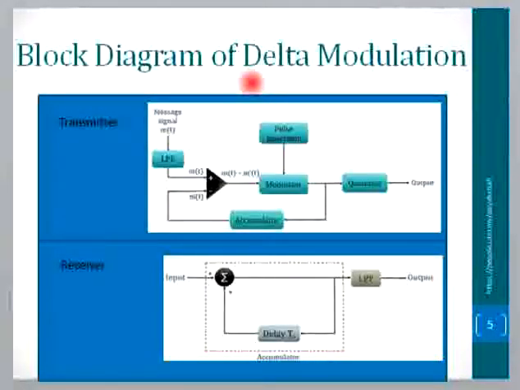Let's look at the block diagram of delta modulation. This is the block diagram of the delta modulation transmitter, and the other one is for the receiver.